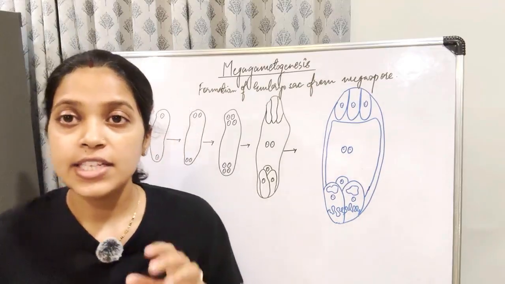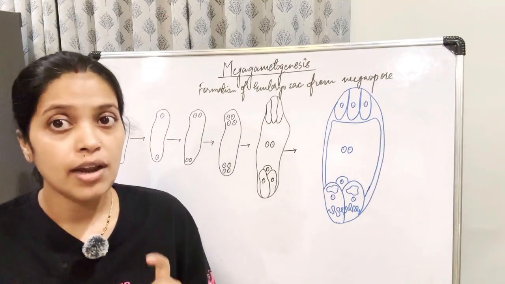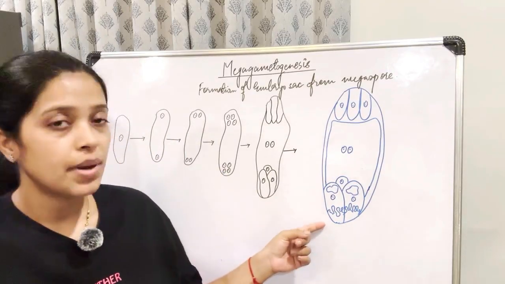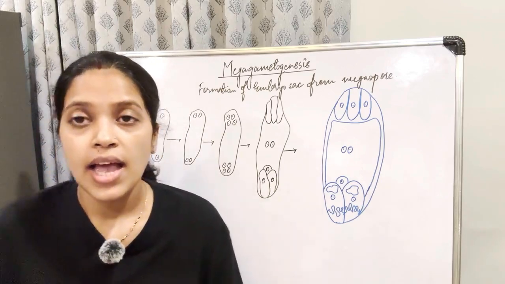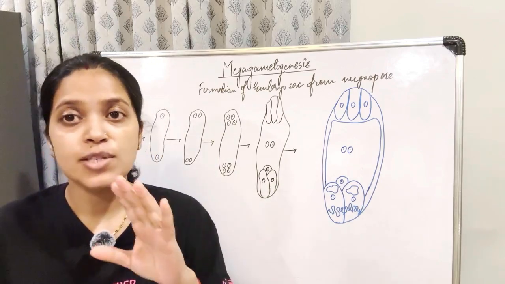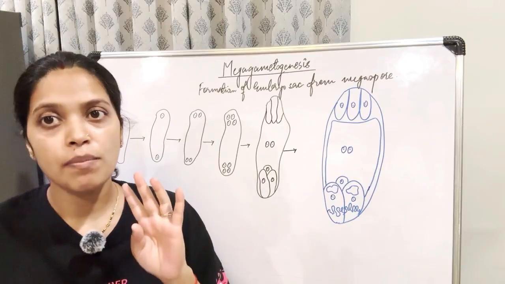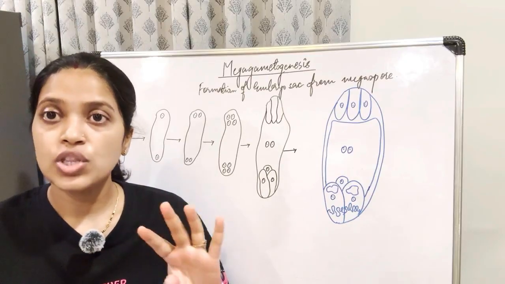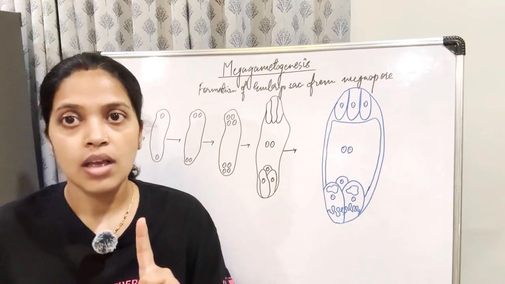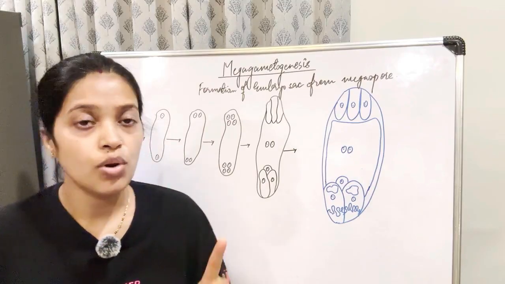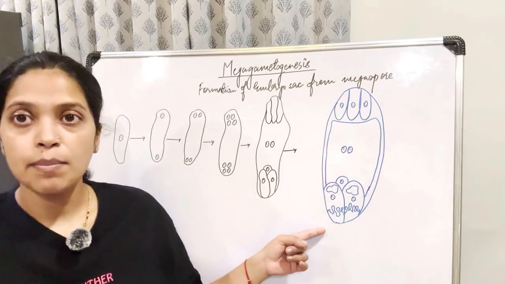So as I have explained earlier, the development of the embryo sac is monosporic. That is, when the megaspore mother cell divides through meiosis, it forms 4 megaspores, out of which 3 degenerate and 1 is the functional megaspore which forms the embryo sac.